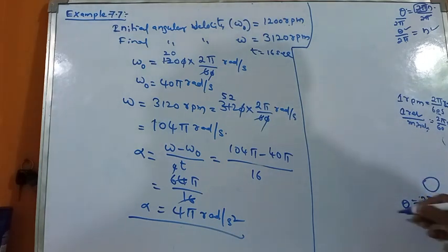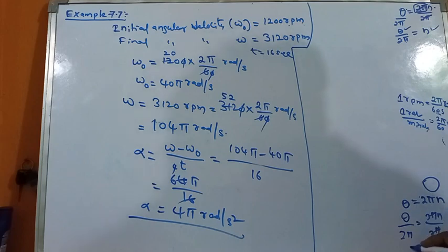Then we divide both sides by 2 pi, giving 2 pi n by 2 pi. The 2 pi cancels, and n is equal to theta by 2 pi. So this n is the number of revolutions. Now we want the number of revolutions, so we have to find the angular displacement theta and divide it by 2 pi. Then we get the number of revolutions.